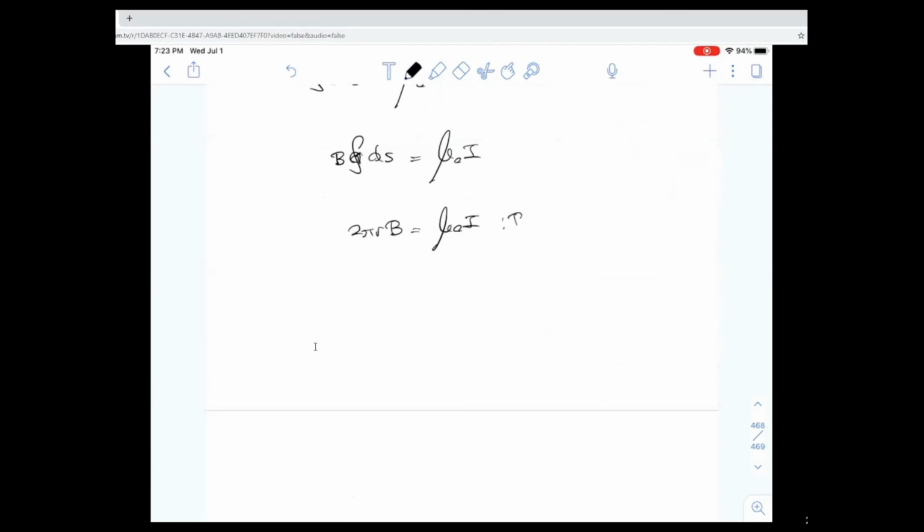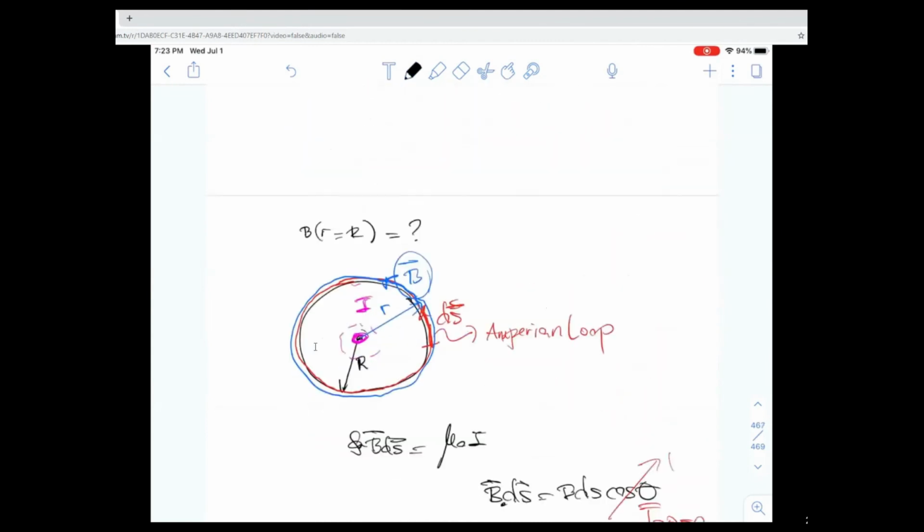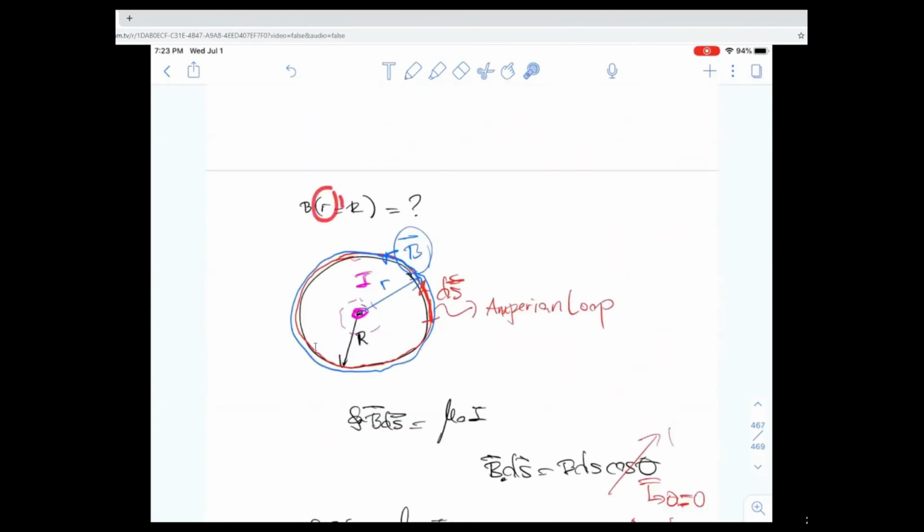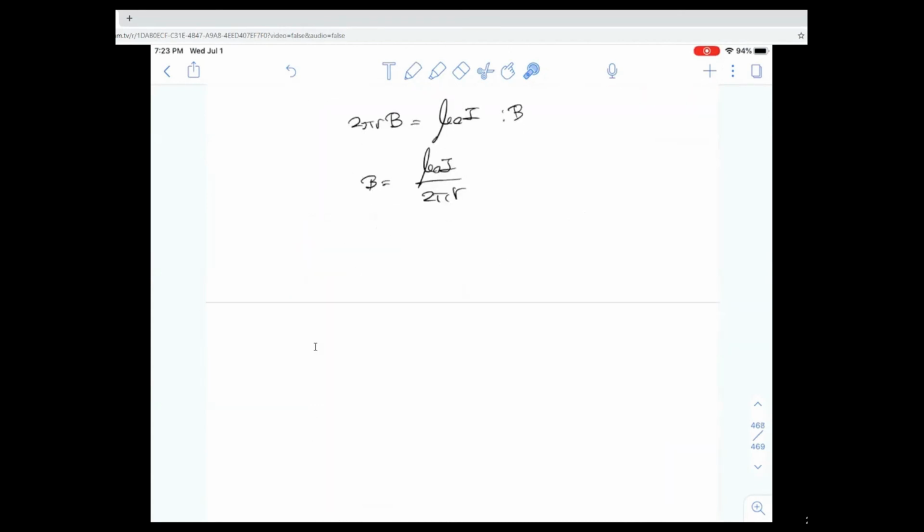Okay, so solve for B. This is going to be r, lowercase r. Okay, guys, this lowercase r is going to equal the radius of the loop. As a result, this is the expression that we end up getting. All right, so this is the strength of the magnetic field right at that point, right at the surface.